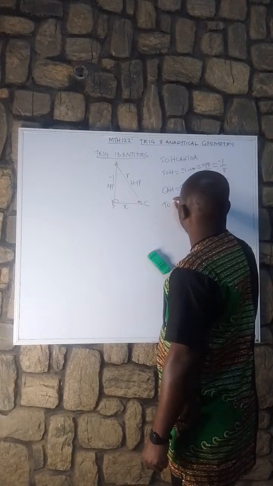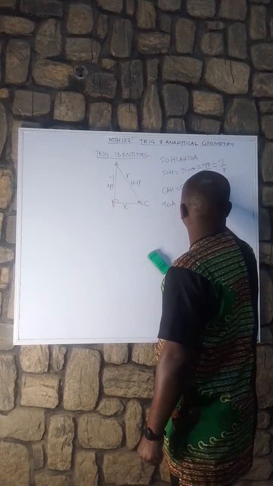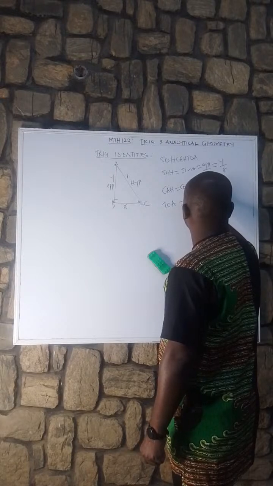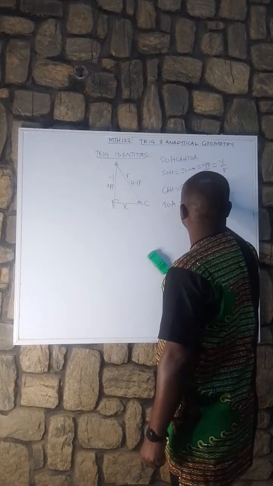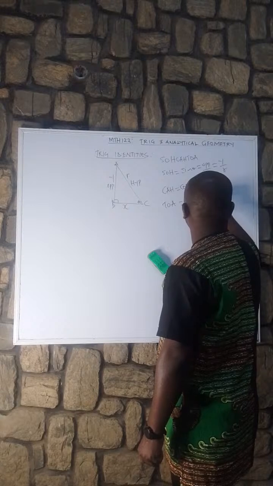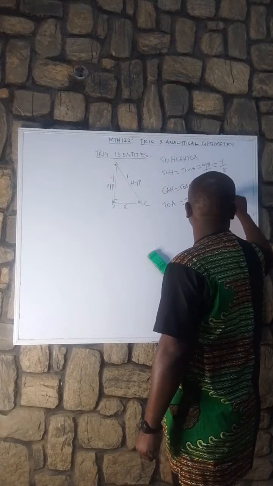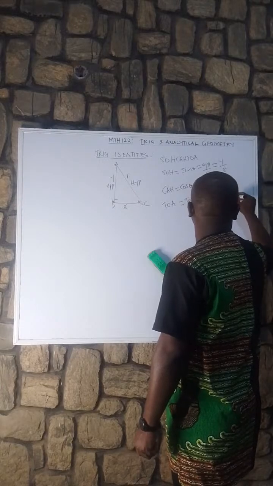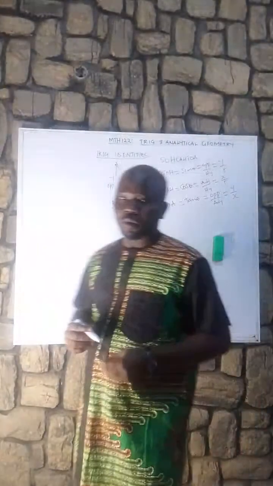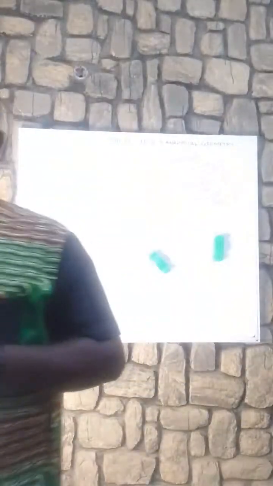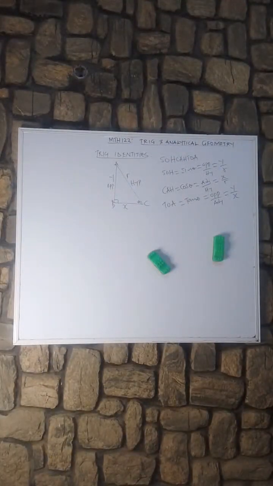Then tan theta is equal to opposite all over adjacent, which is y all over x. We did something like this, if I'm not mistaken. It's true, right? So far so good.